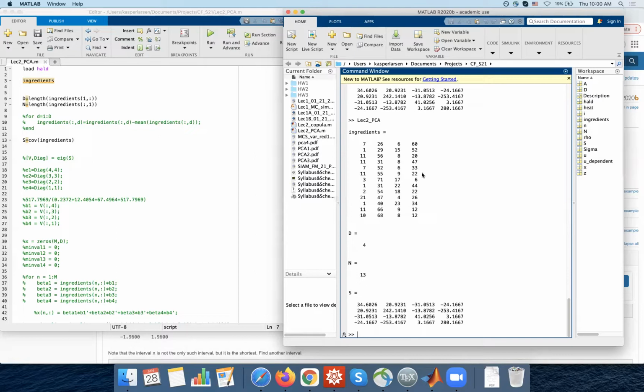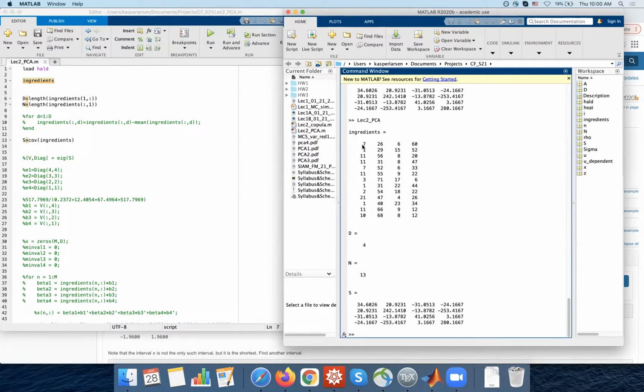So in this matrix, each observation is a row in the matrix called ingredients, and I have 13 rows. So I'm living in a 4-dimensional space, and I seek to compress data.